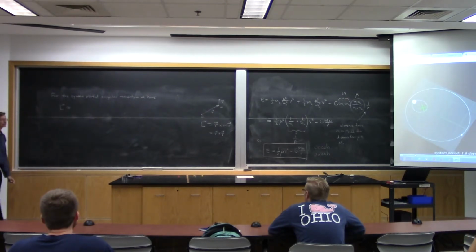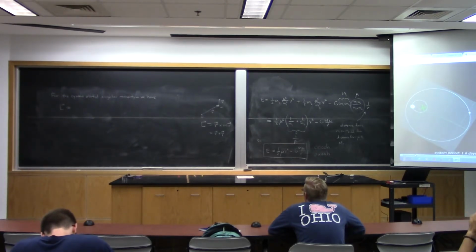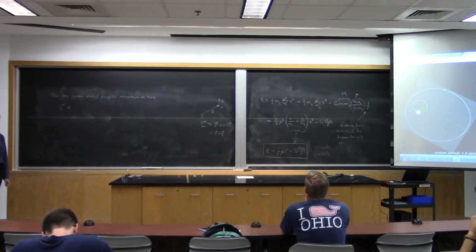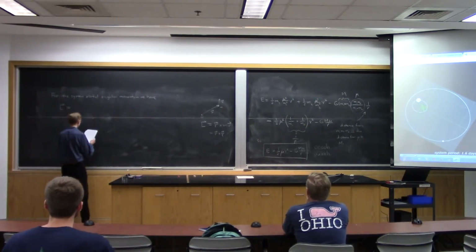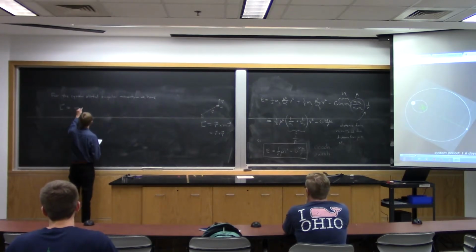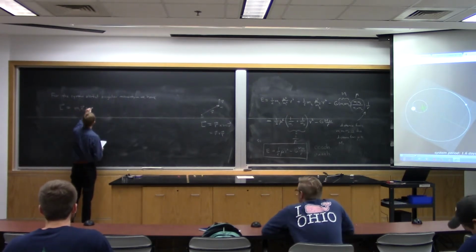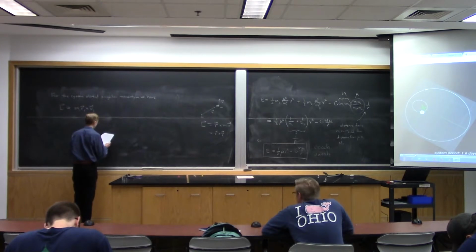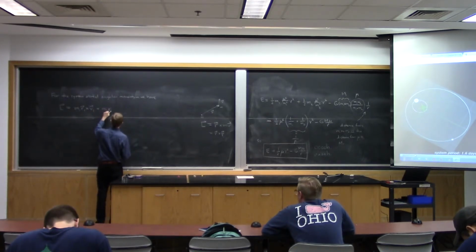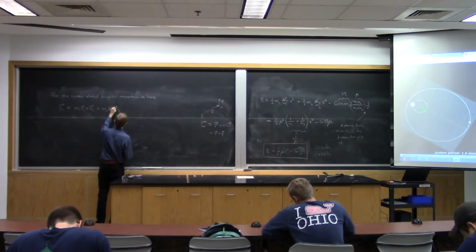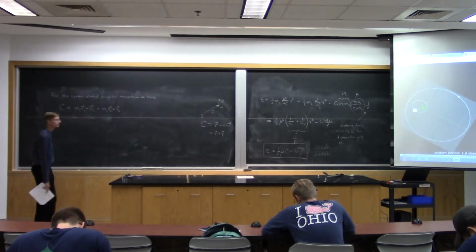So fundamentally, for the two-body problem, it'll be the sum of the orbital angular momenta of the two particles. So that'll be m1 r1 cross v1 plus m2 r2 cross v2.